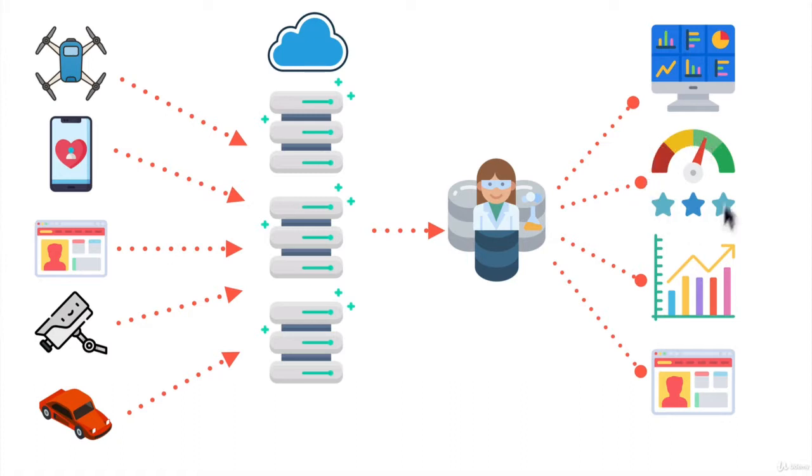They can monitor the performance of their product. They can get business insights and make business decisions from this data, and even use this data on their apps, for example, for user profiles.